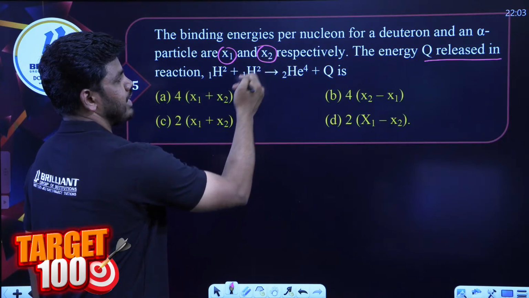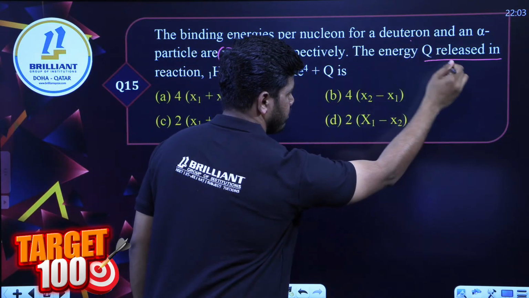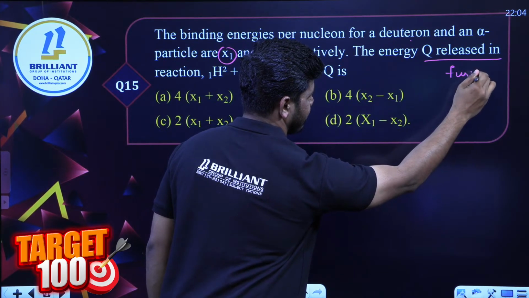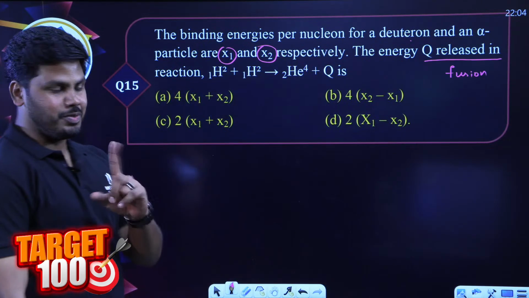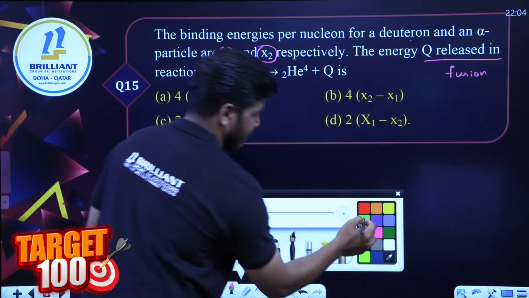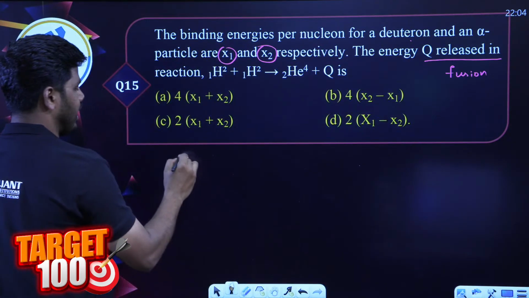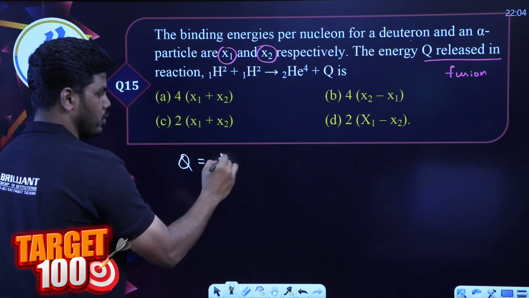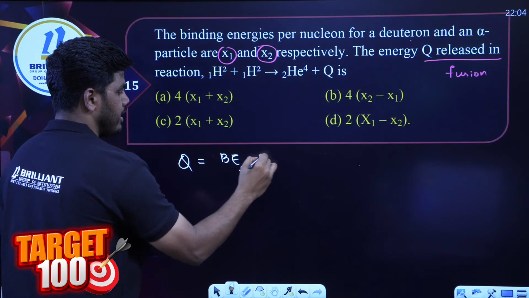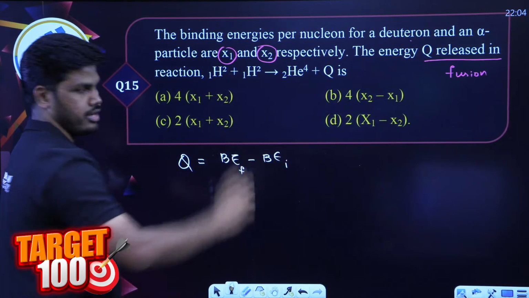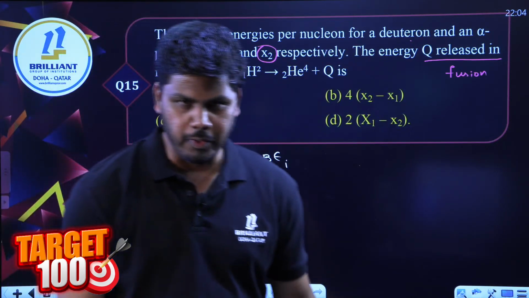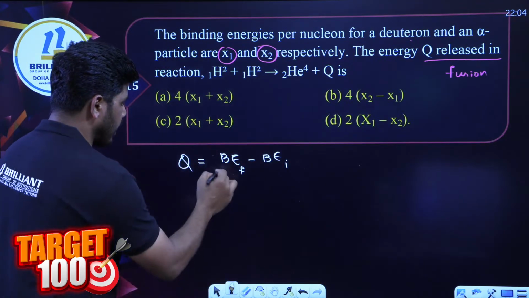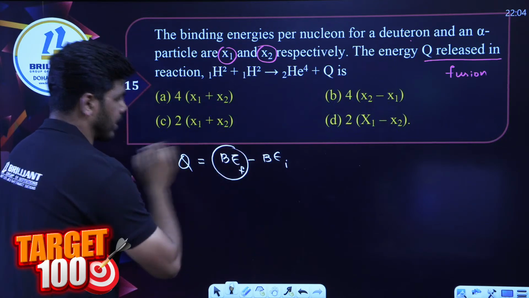So X1 and X2 are the binding energy per nucleon given, and we end up with a fusion reaction here. I told you energy released is the binding energy difference. Q value, energy released, is equal to binding energy final minus binding energy initial. We did similar questions before, so now it is easy for us. What is binding energy final? Binding energy of the products.